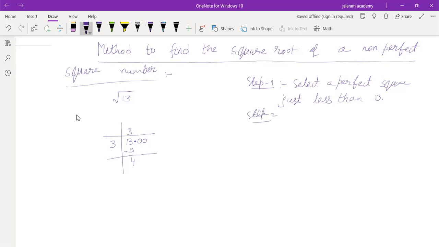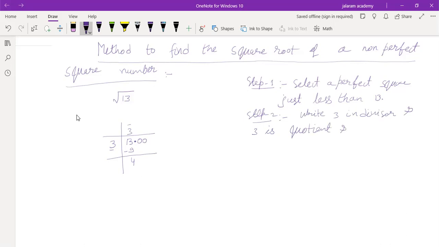Step 2. Write 3 in the divisor. This is the divisor. And 3 in the quotient. This is the quotient.